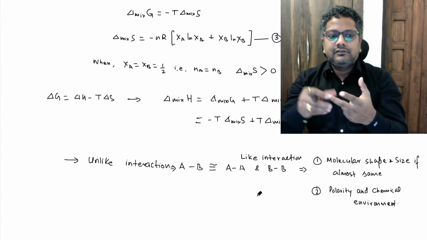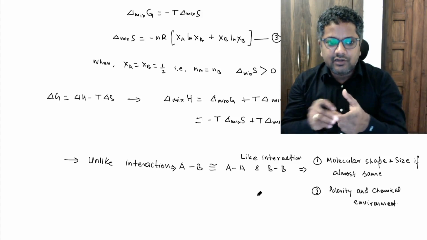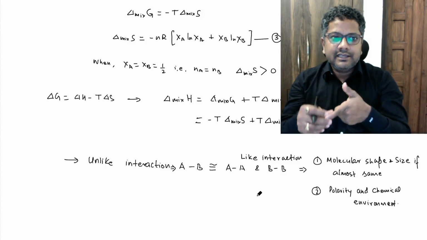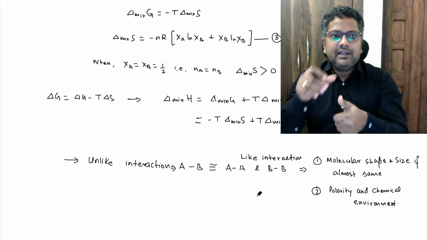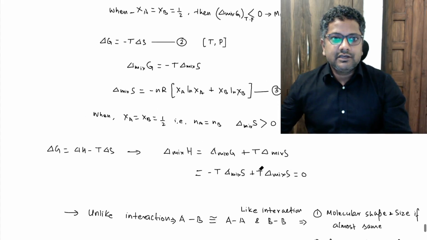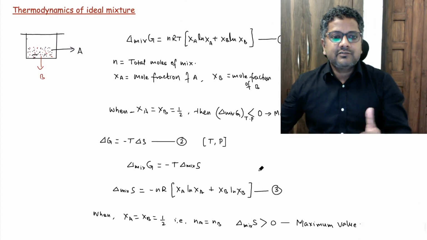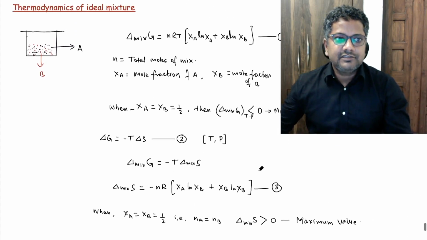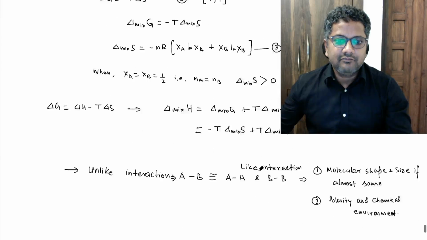This leads to delta H mixing equal to 0, delta S mixing more than 0, and delta G mixing less than 0. So we can explain this in terms of the thermodynamics of the ideal mixture.